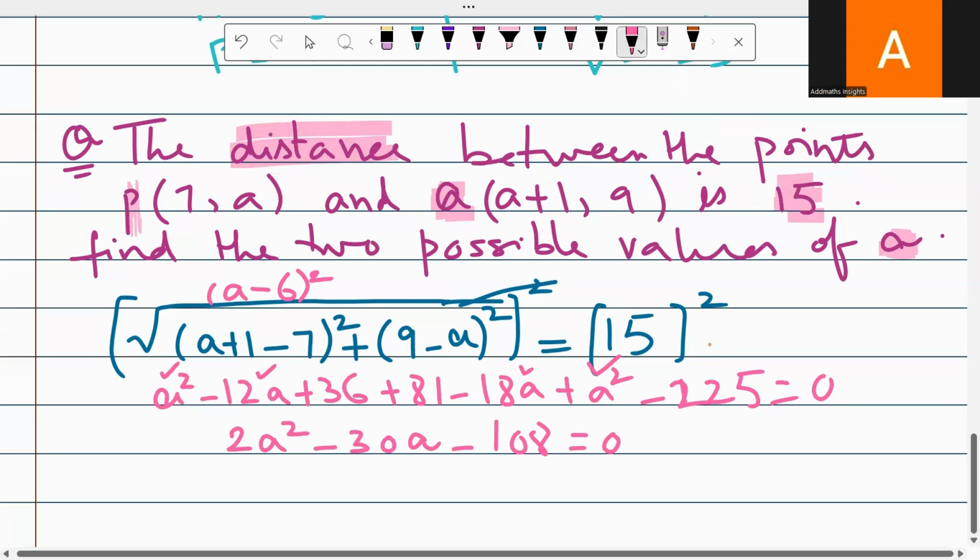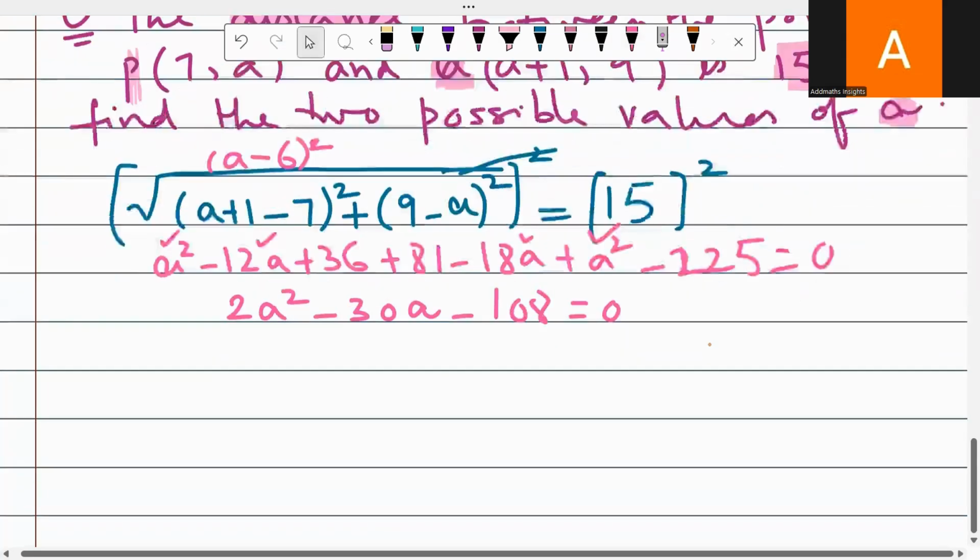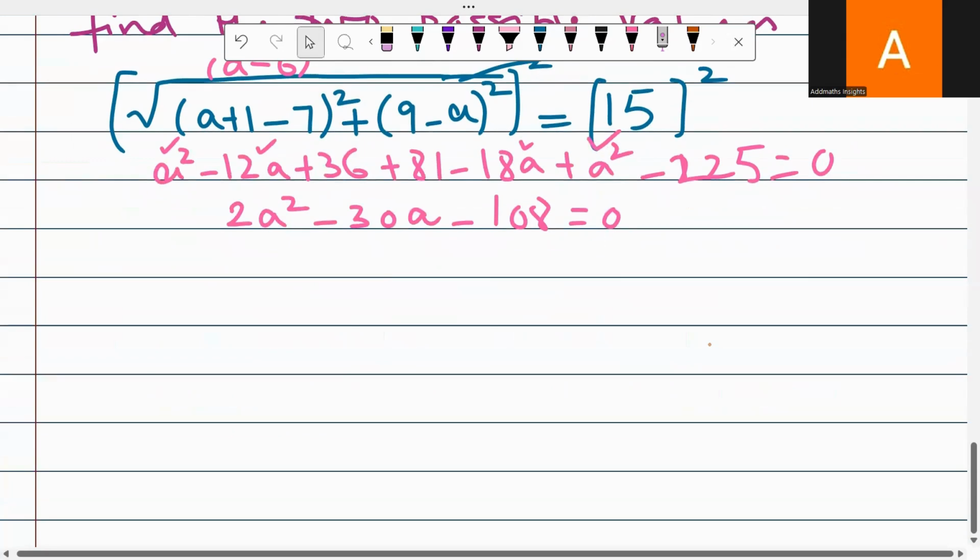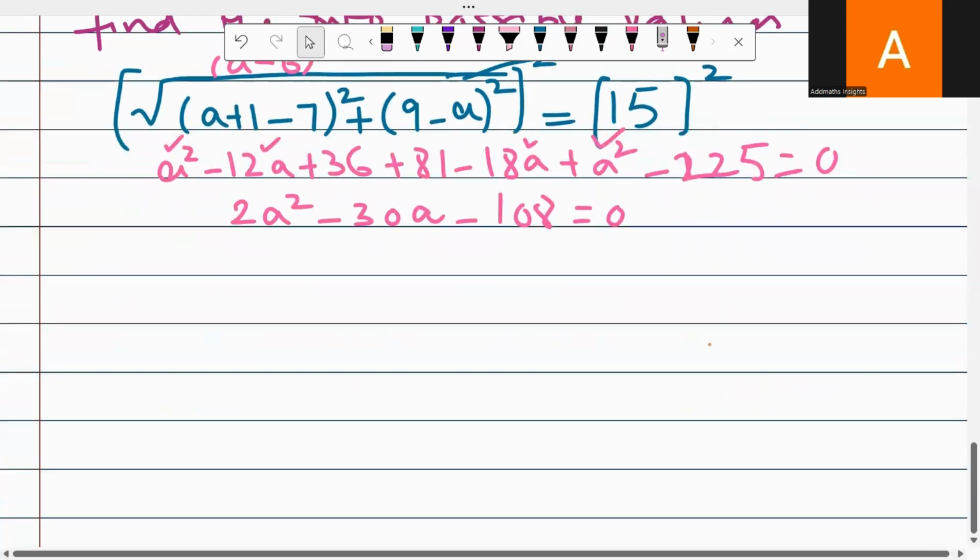You can further simplify it by taking 2 as common. So it will be a square minus 15a minus 54.